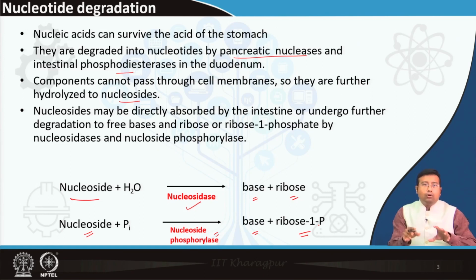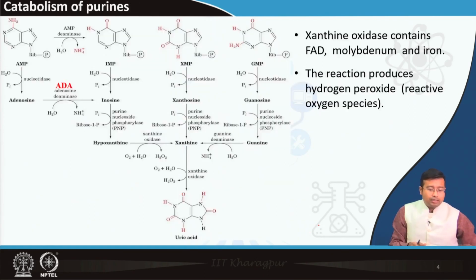Now if we look at the biochemical pathway where these two enzymes fit, this will be it. In the first step, they are broken down by nucleotidase, which breaks all of them down to their corresponding nucleosides.